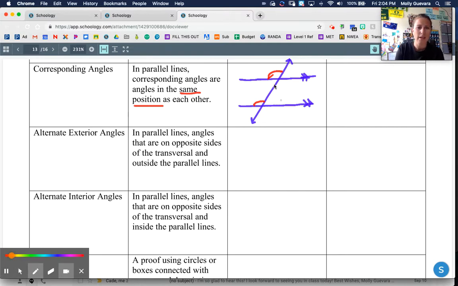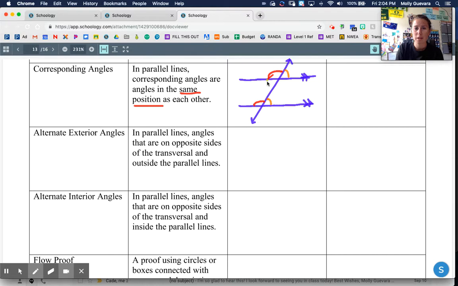Okay, the next one, if I draw, let's say this angle, that angle is to the right of the transversal and above the parallel line. So that corresponds with this angle right here, right? To the right of the transversal and above the parallel line. So those 2 angles are corresponding.